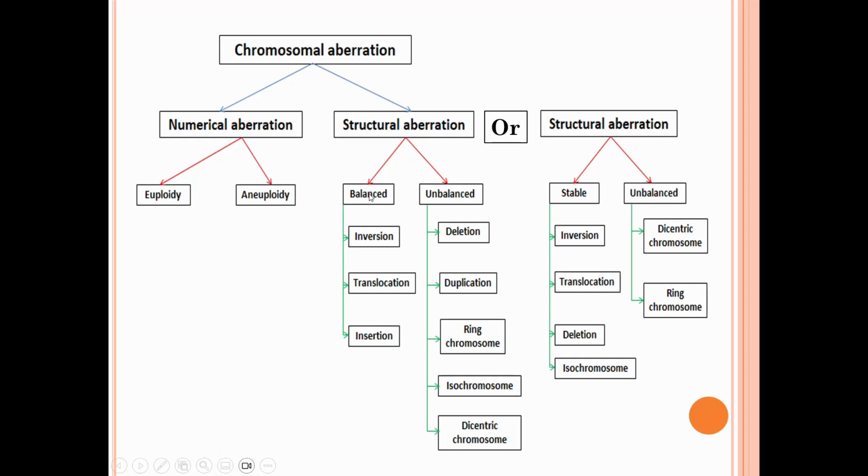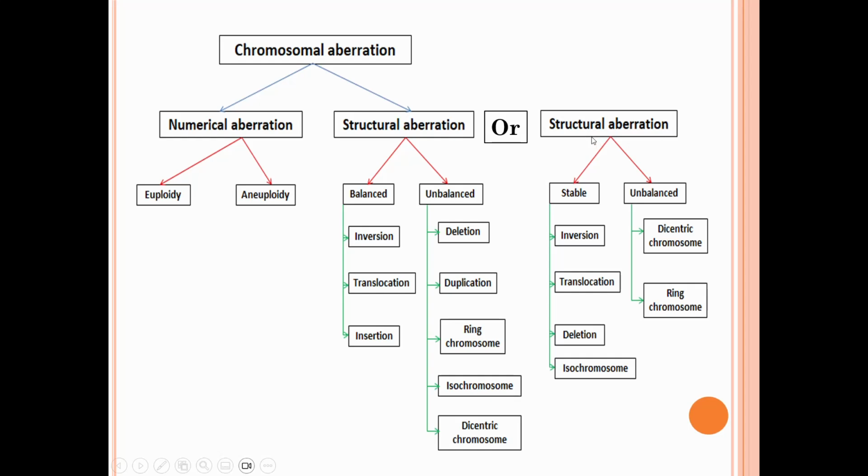Structural aberration can be balanced when the overall genetic material is not disturbed. It can be inversion, translocation, insertion. Unbalanced can be deletion, duplication, ring chromosome, isochromosome, dicentric chromosome, where either there is increased amount of genetic material, or genetic material is reduced.